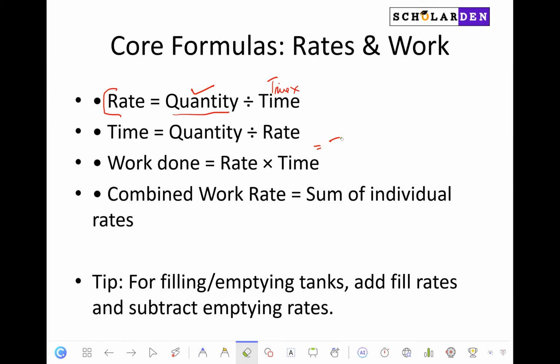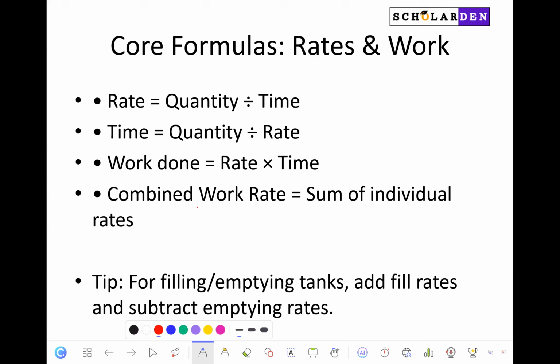Okay, and then combined rate. We've already seen the first three bullet points. So what happens if you're given rates of more than one entity? The combined rate is always the sum of individual rates.